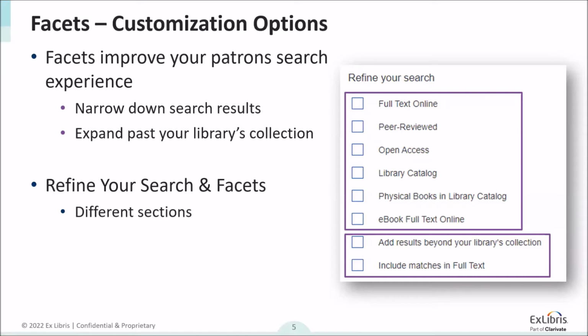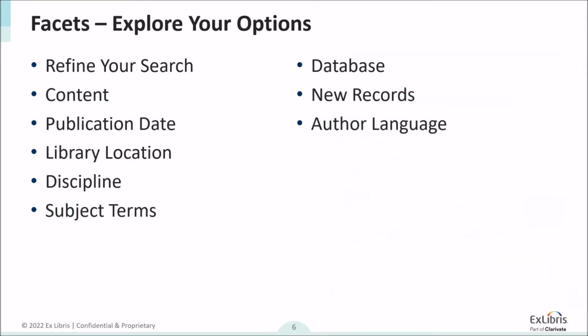Or, I'll go into some different sections in the next slide. And I'll actually go into our Summon site and show you what they look like in your live instance. So let me hop over to the live site, and we can kind of go through some of these facets together.